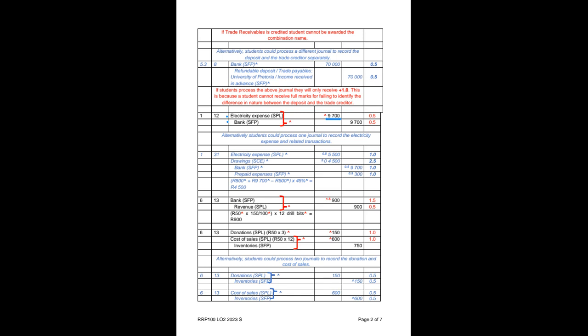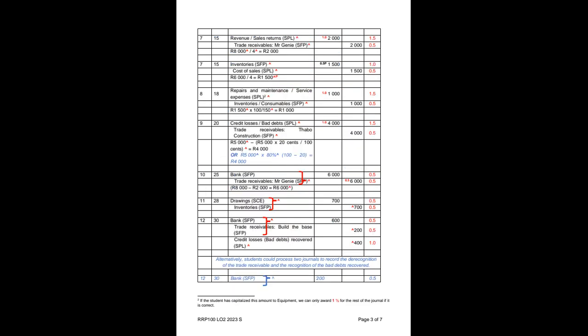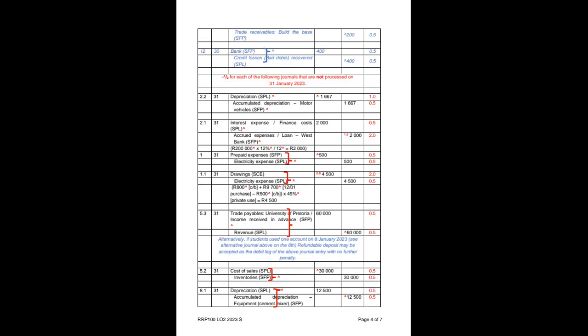Okay, then we fast forward now to the end of the month, which is going to be on page 4 of our solution, right? So if we have a look at this page, page 4 of our solution, we'll see what we then do on the 31st is we now know that 500 Rand is going to be a prepayment.